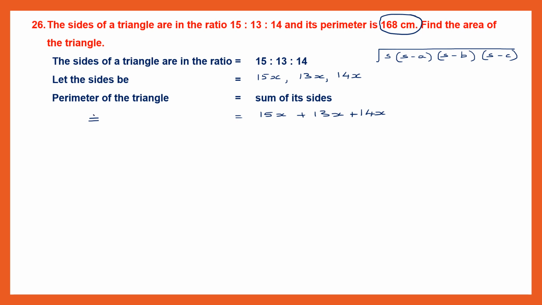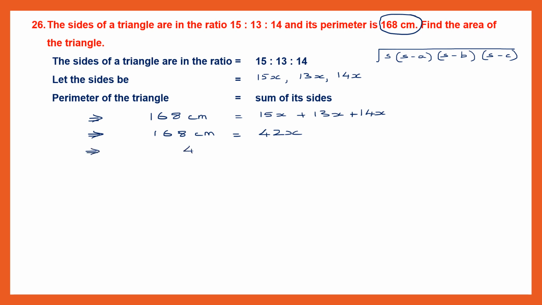So we can write that as an equation, 168 centimeters on the left hand side. On the right, let's add up all these, 15 plus 13 plus 14. When you add up all, you get 42 and that is 42x. So now we're going to find the value of x.